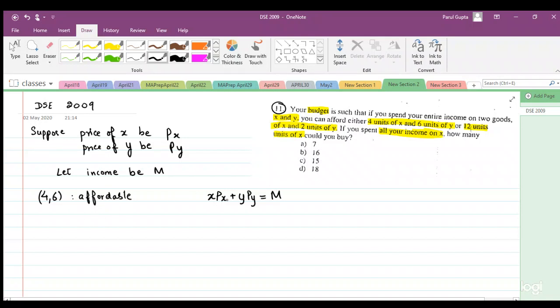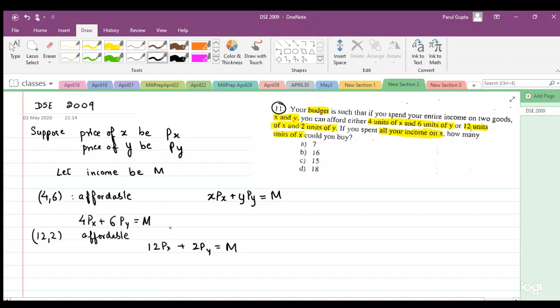So we will replace X and Y, which denote units of X and units of Y, by 4 and 6, and we will get the equation 4Px plus 6Py equals M. Similarly, 12, 2 is also an affordable bundle. So we get the equation 12Px plus 2Py, which will also be equal to M.